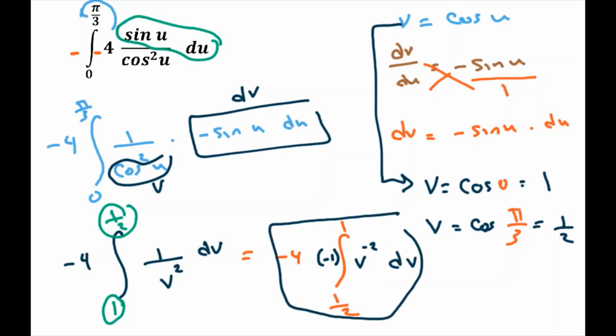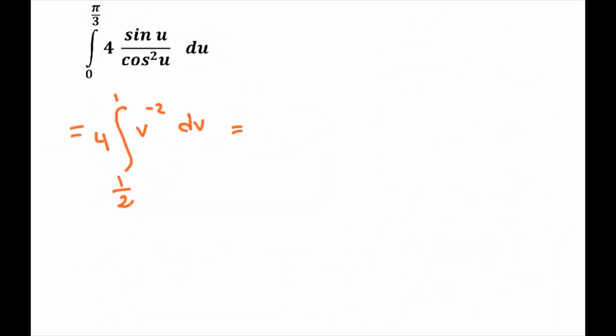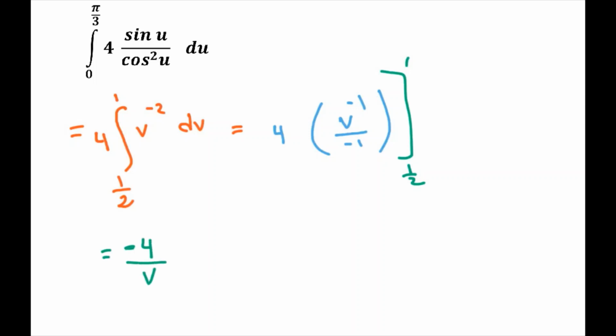And that's going to be equal to 4, since negative 4 times negative 1 is 4, the integration from 1/2 to 1 of v to the power of negative 2 dv. That's going to be equal to 4 times v to the power of negative 1 over negative 1, from 1/2 to 1. That's going to be equal to 4 times negative 1 over v, from 1/2 to 1.